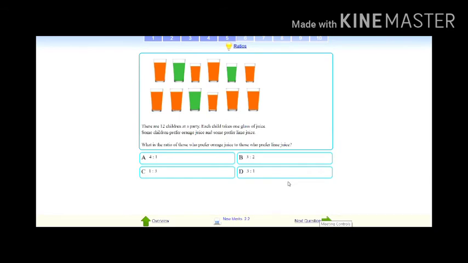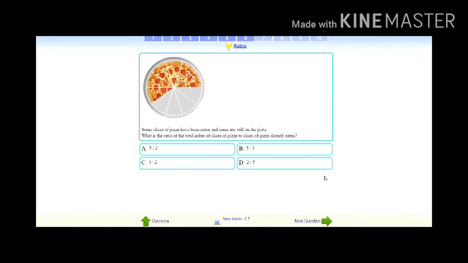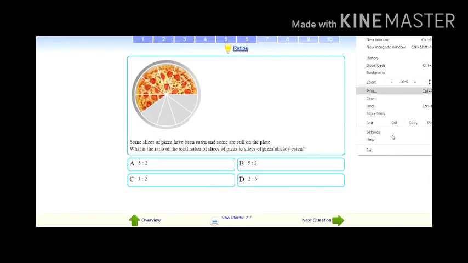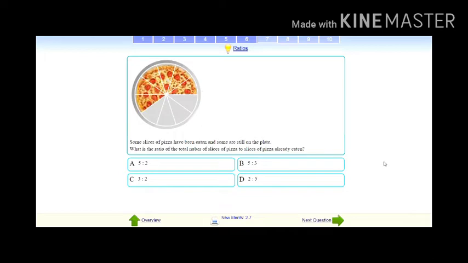This one. Three to 1. Very nice. Yes. Five to 2. 5 to 2. That's nice.